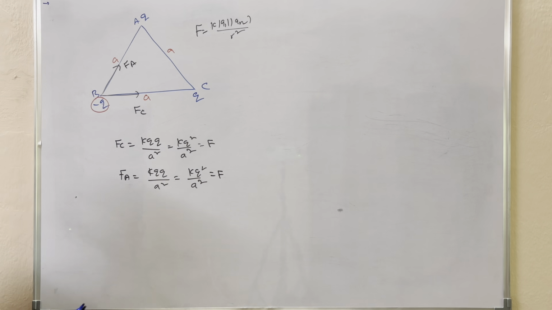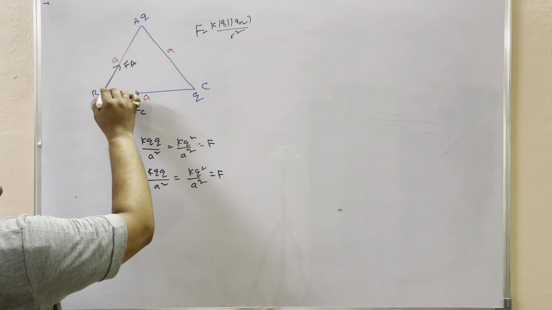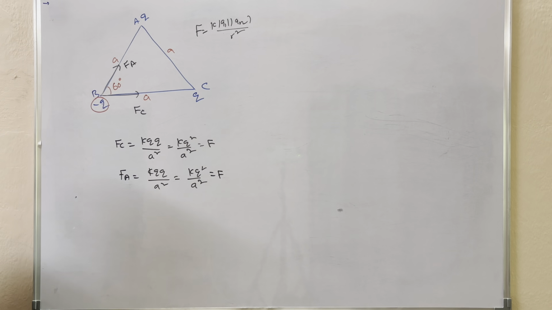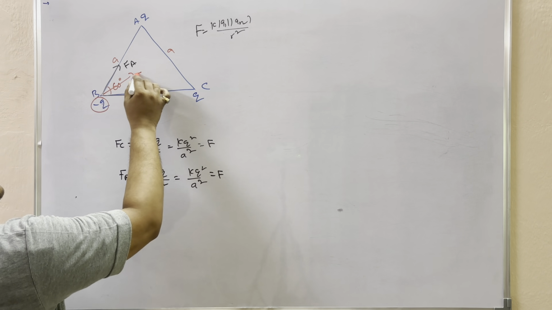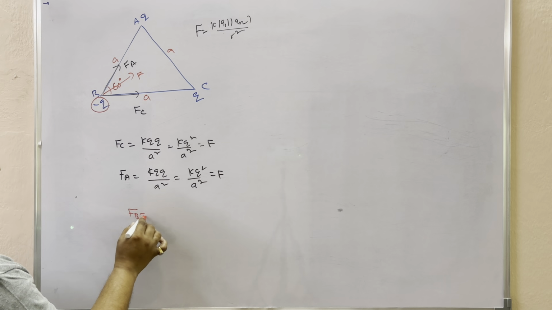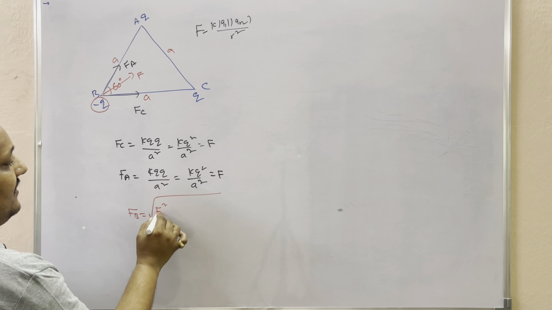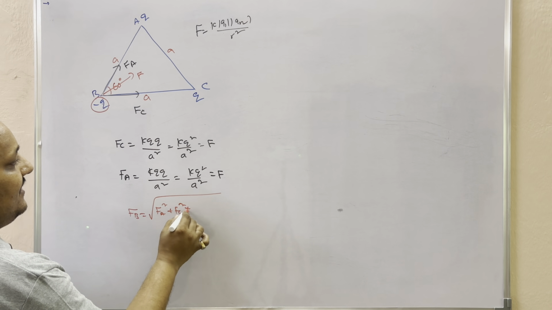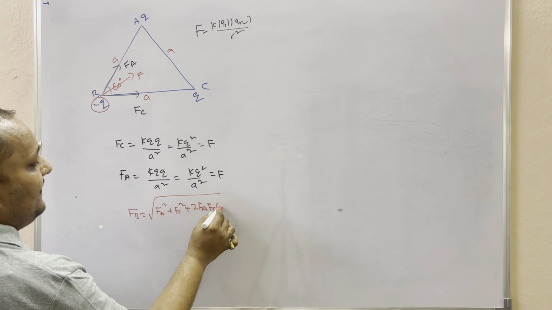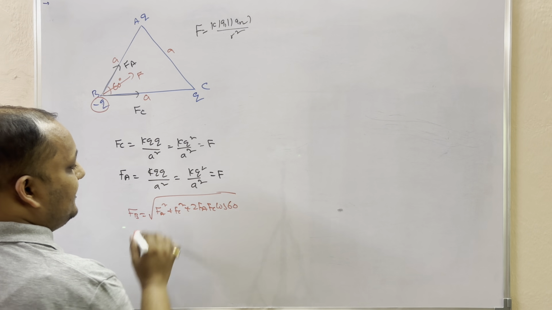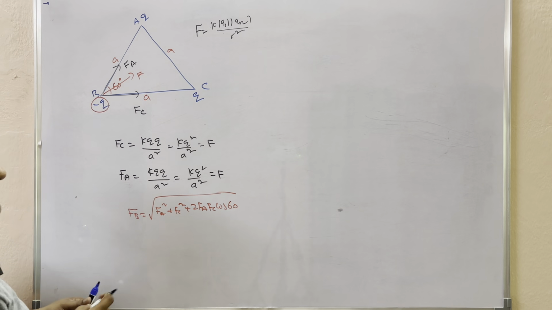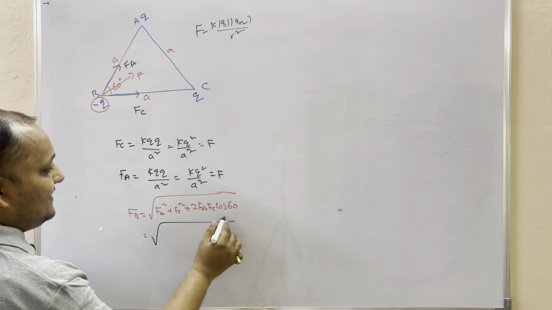Now what is the angle between these two? The angle between these two is again 60 degrees. Now the resultant force will be coming like this. Force on B is equal to root of FA square plus FC square plus 2 FA FC cos 60. Again, what is the cos 60 value?